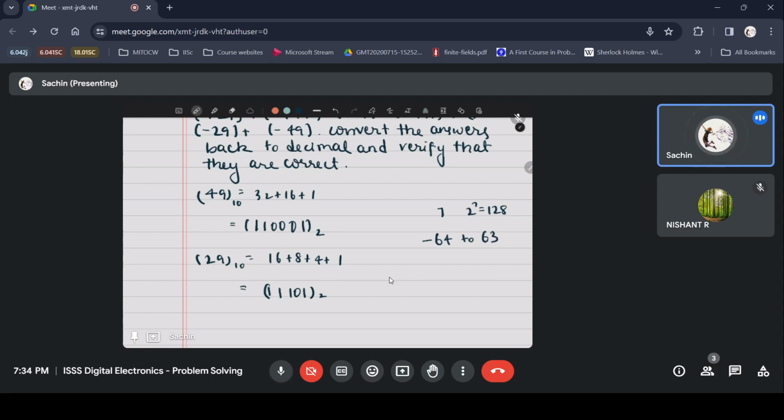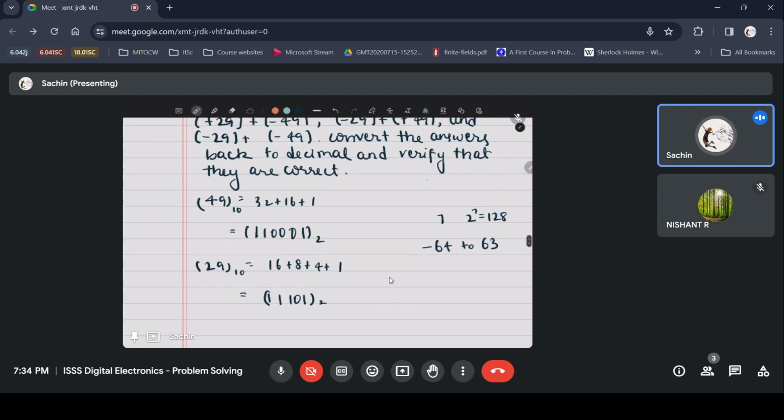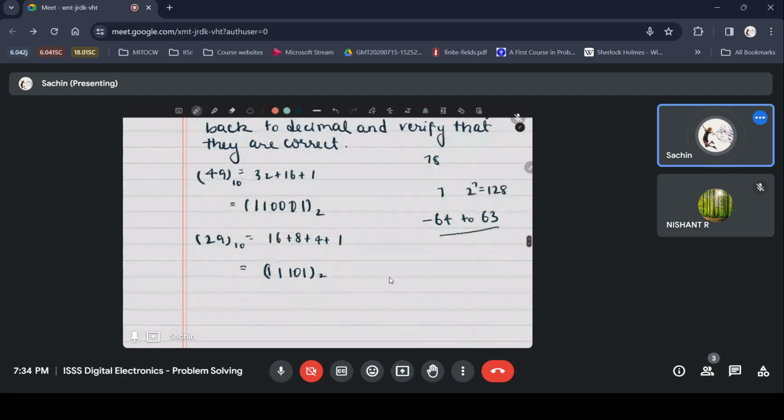But while we do operations with 49 and 29, if you add 49 plus 29 directly, you could get 78. So 7 bits won't be enough. That's why we'll have to represent it using 8 bits. So for this number we will have to add 2 more bits, 0011 0001. Here you will have to add 3 more bits, 00011101. So you need 8 bits to make sure that there won't be any overflow.